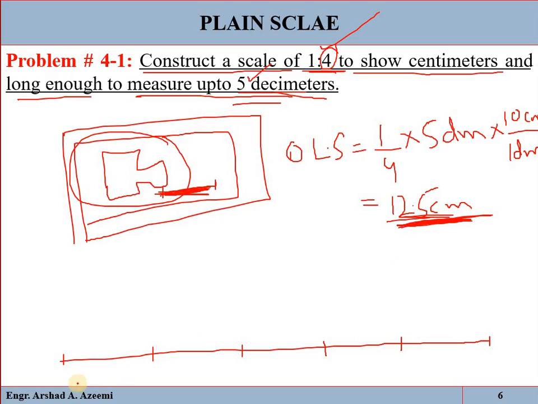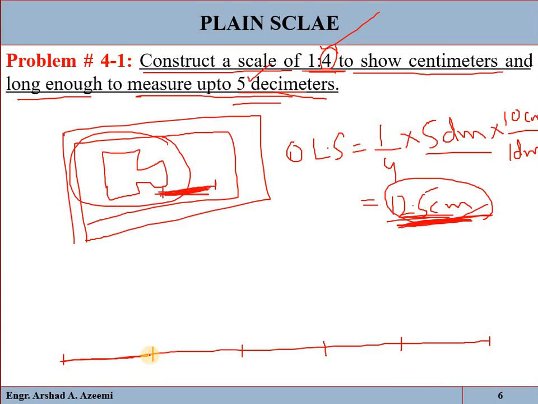So this 12.5 centimeter line on the sheet is representing 5 decimeter actual dimension. Now here you can see that this one part will represent 1 decimeter.